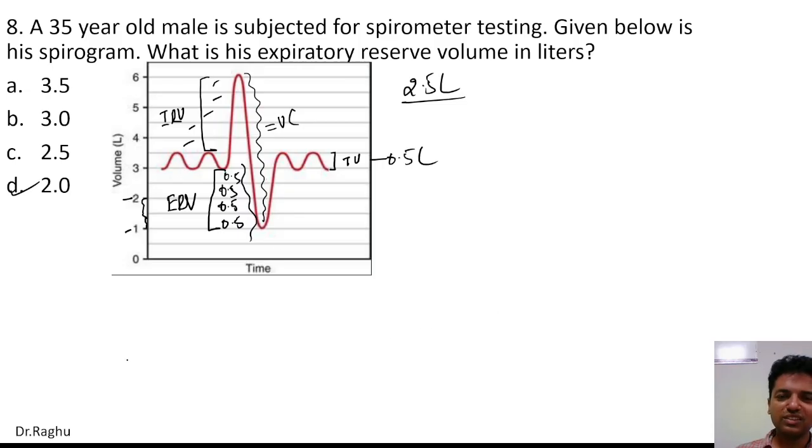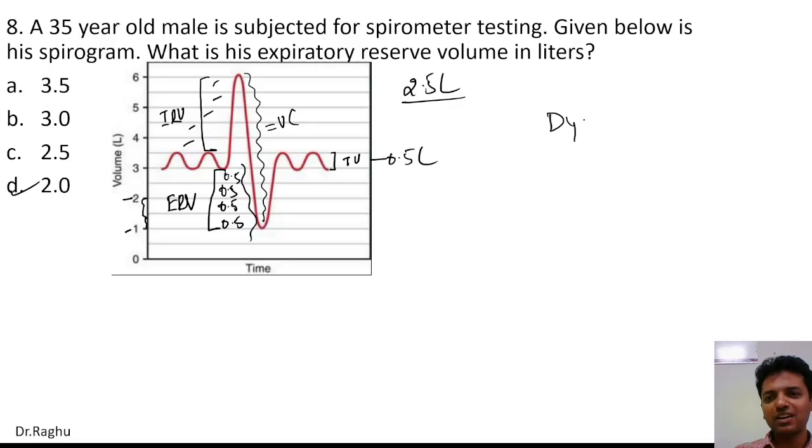Okay. So these are a few multiple choice questions, and this is the basics of the static lung volumes and capacities. In the next part of this video, which I will be uploading very soon, I will be discussing the dynamic lung volumes and capacities.